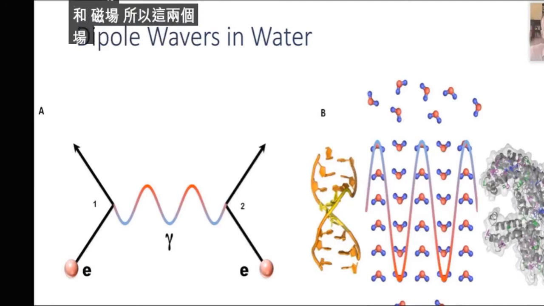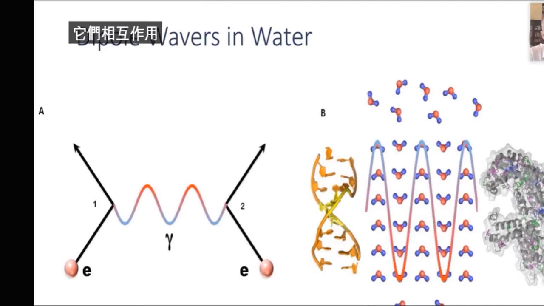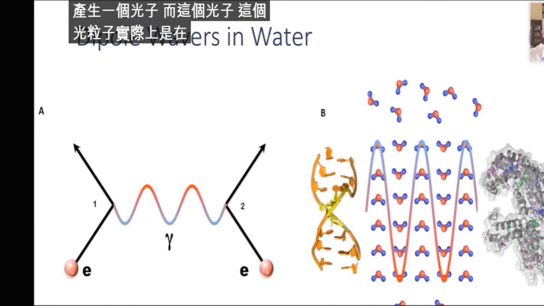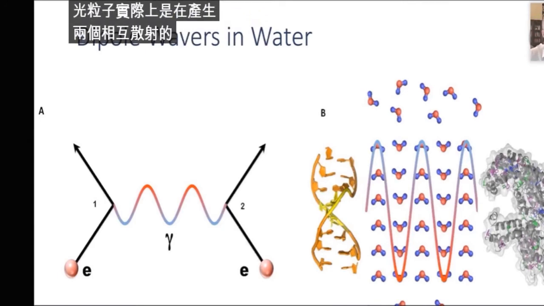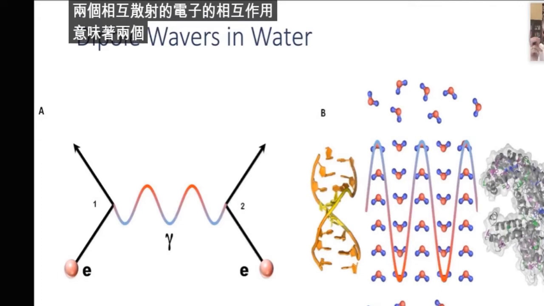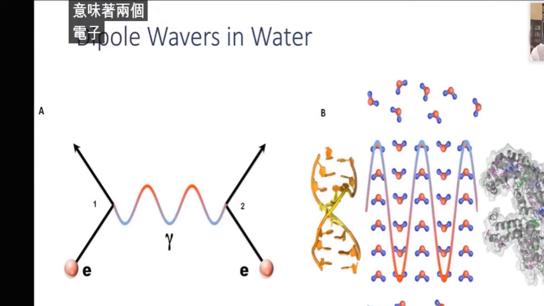So both of these fields, the electric and the magnetic, they are interacting with each other and creating a photon. And this photon, this particle of light, is actually creating the interaction of the two electrons scattering each other. Means the two electrons see each other through an exchanging of photons from a distance. So that's important. There's action on a distance. The same thing happens with the molecules in our body.